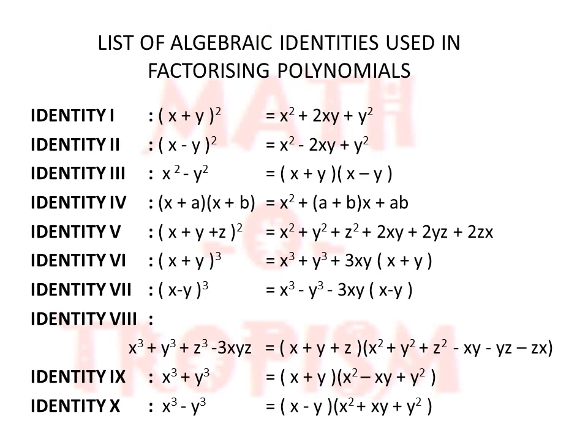So there are 10 identities in this chapter. I would suggest that you keep a list of all these 10 identities with you each time you do a factorizing sum, because over time, by looking into the list each and every time, it gets stamped in your memory and it will become easier for you, by just looking into the sums, to relate to which identity you have to use.